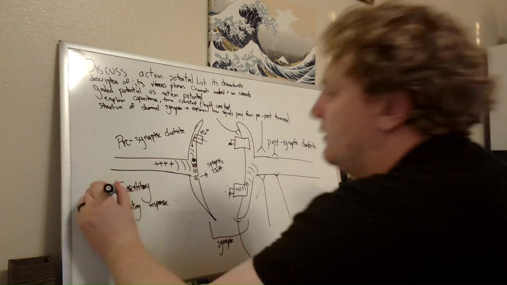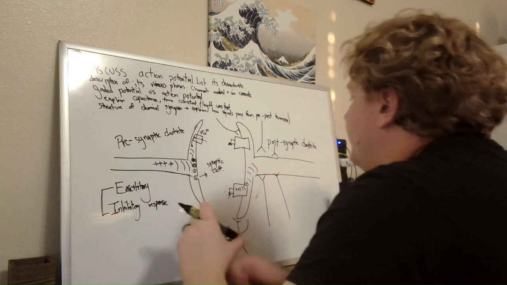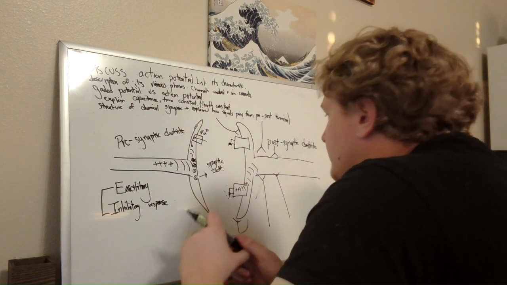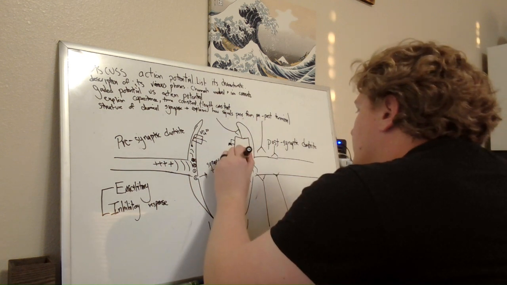So there's different ways to figure out if something would be an excitatory or inhibitory signal. It depends on what this receptor is going to transmit down the cell.